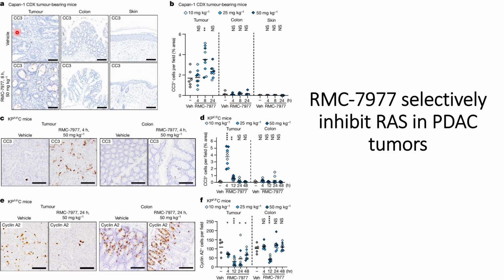After validating their results on the KPN1 CDX tumor-bearing mouse models, they did the experiment on the KPCFC mouse models also. Here they found similar results but at different time intervals.